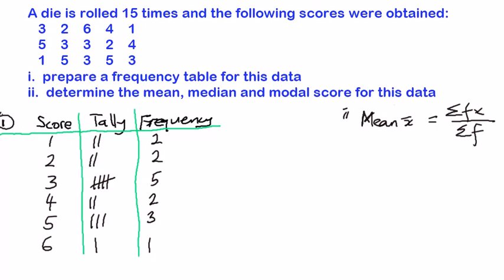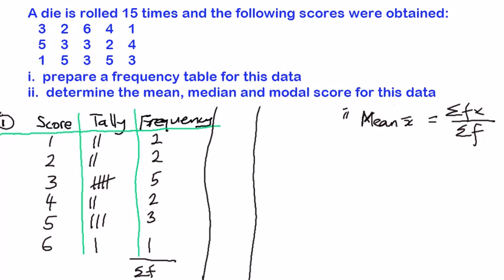Here the total frequency is our summation f, but we then need to find summation fx, so we need to add another column here, which is fx. Remember, f is frequency, x is for the score.